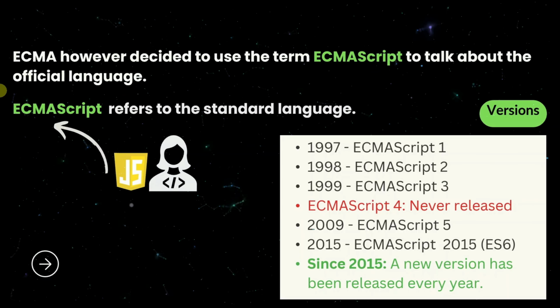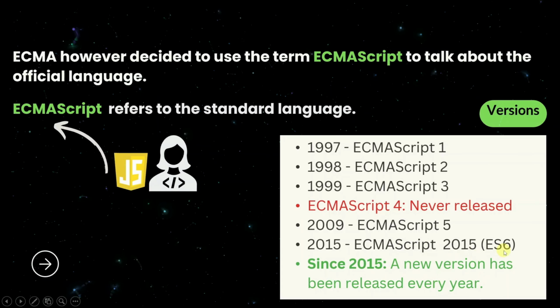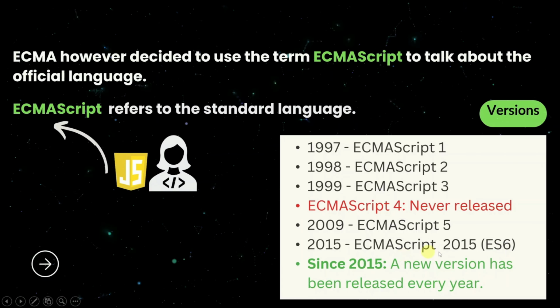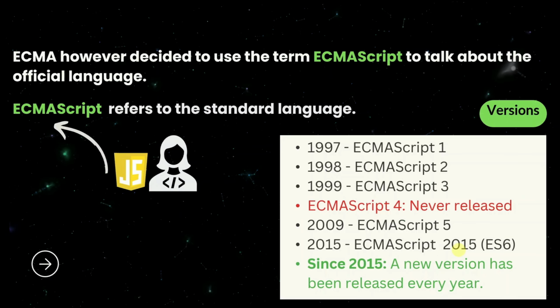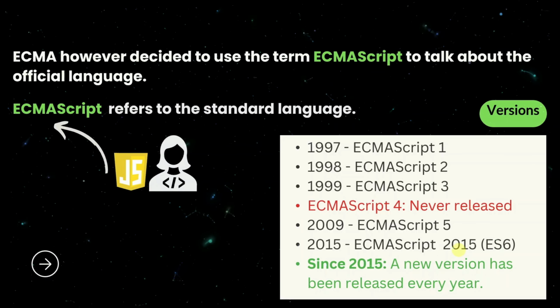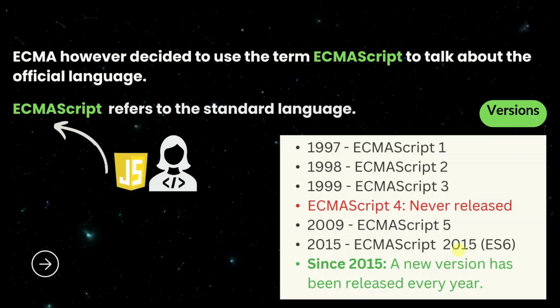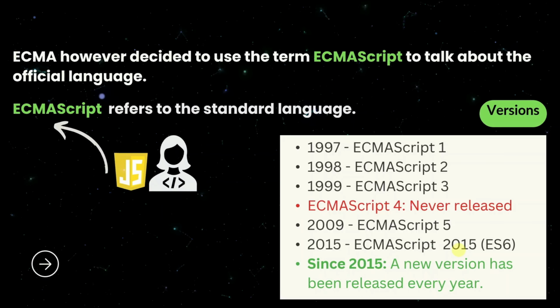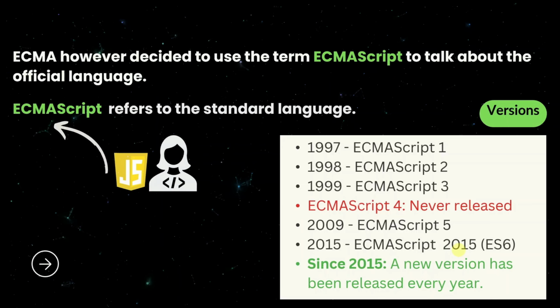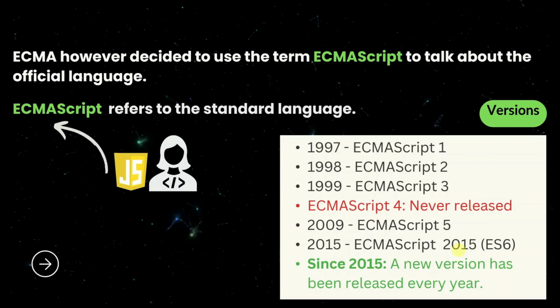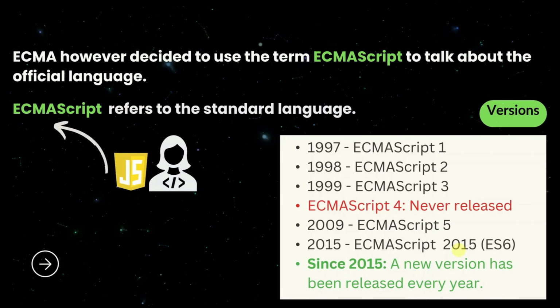Many versions of ECMAScript were released, but ES6, that is ECMAScript 2015, is what we call modern JavaScript. In this version, we have more modern JavaScript features, and those features and concepts are very important to understand before learning any library or any runtime environment.